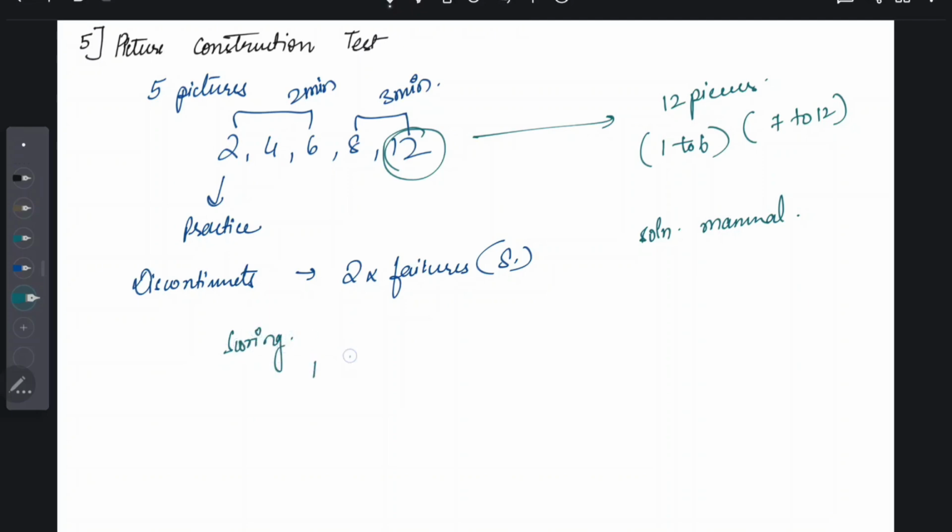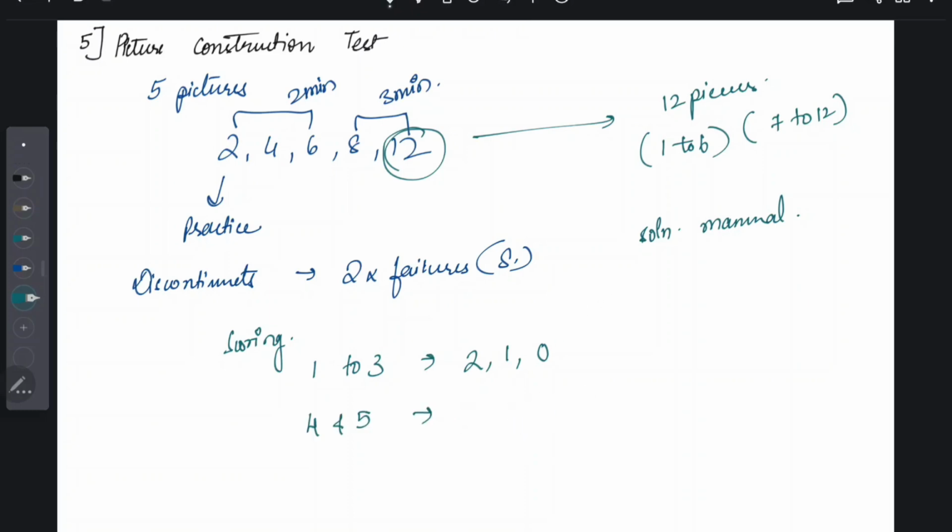So for pictures 1 to 3, the score given is 2 if completed within 1 minute, 1 if between 1 to 2 minutes, and 0 if succeeded after completion of 2 minutes or if they have failed.